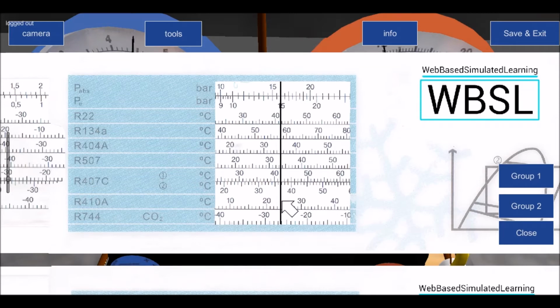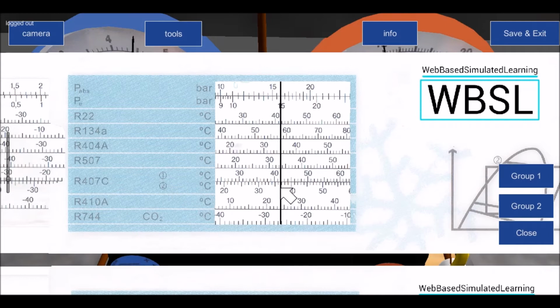Whereas when we went down to the 407C, we could eliminate that, because 407C has what's known as a slide. There's a difference between the saturation temperatures of all of the components, referred to as either bubble point or dew point. We took the bubble point temperatures, which is the temperature inside our condenser.